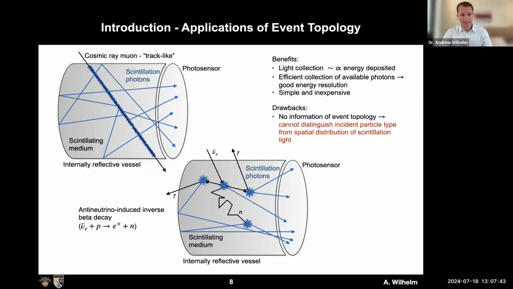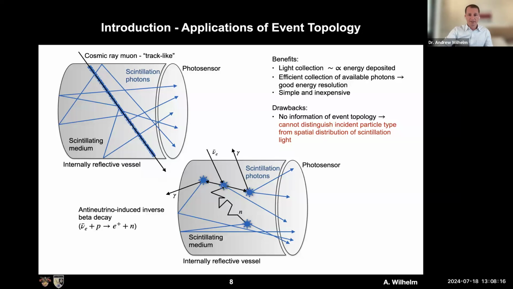So here we have an antineutrino that interacts with a proton, and it results in an energetic positron and a fast neutron. The positron is going to deposit energy locally since it's a charged particle, resulting in a flash of light right there. And then it's going to annihilate since it's antimatter, resulting in two anti-parallel 511 keV gamma rays. And so you're going to end up with a flash of light here and here. And those three flashes of light are going to be all along the same line.